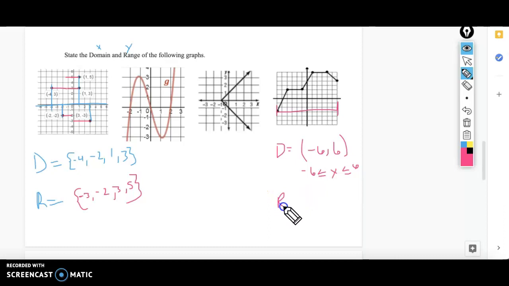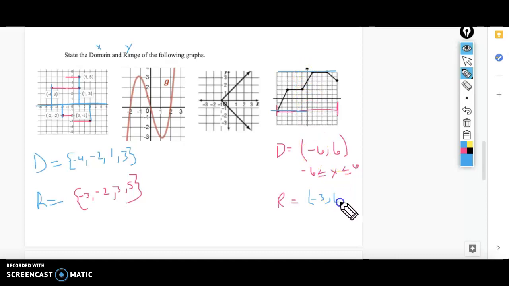For our range, okay, so again, our range is going to be the highest to the lowest point. So from here to here. Okay, so we're going to see our lowest point is at 1, 2, 3, -3. So we're going to go from -3 to, and then our highest point, I'm assuming that's a 6, 1, 2, 3, 4, 5, 6.